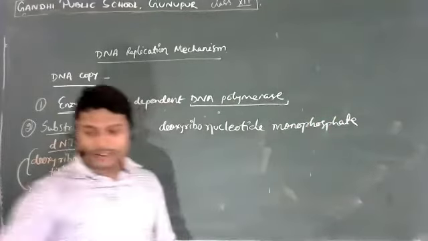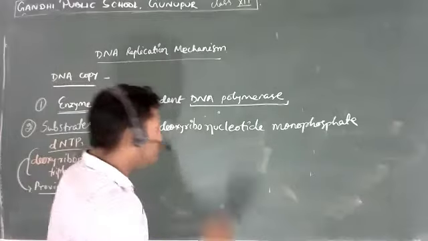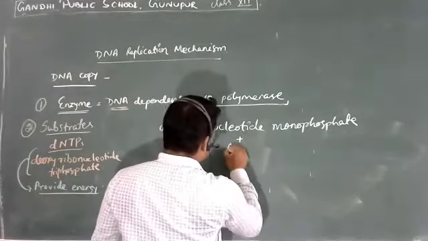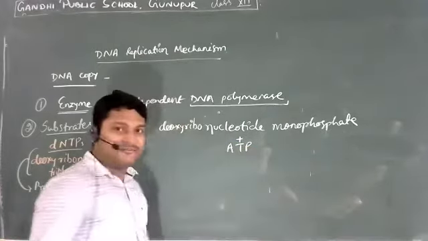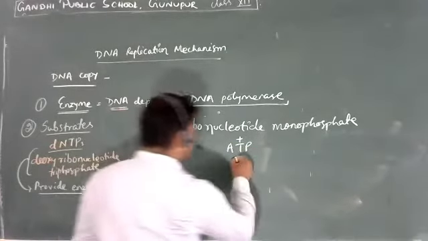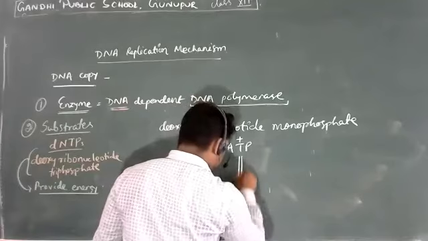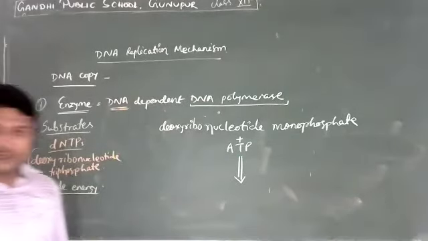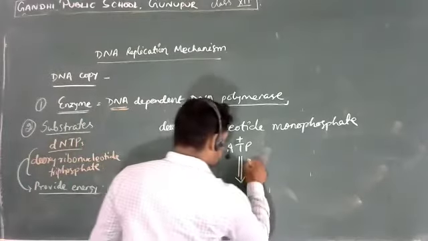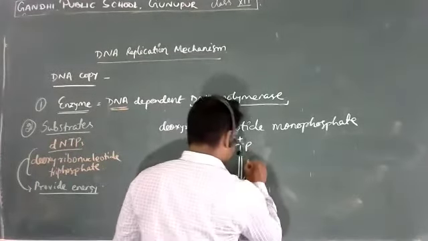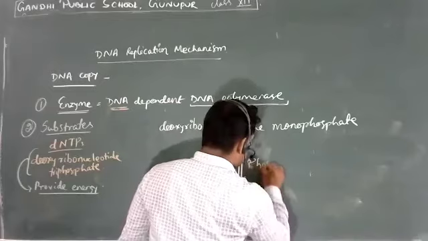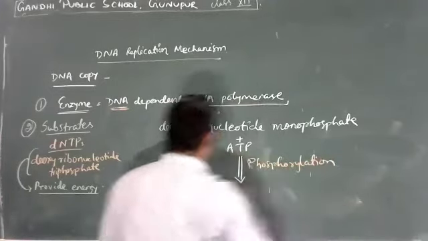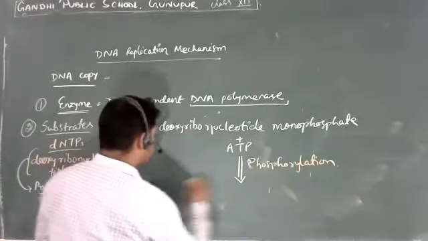To these monophosphates we are going to add adenosine triphosphate. When we add this adenosine triphosphate, the process is called phosphorylation.